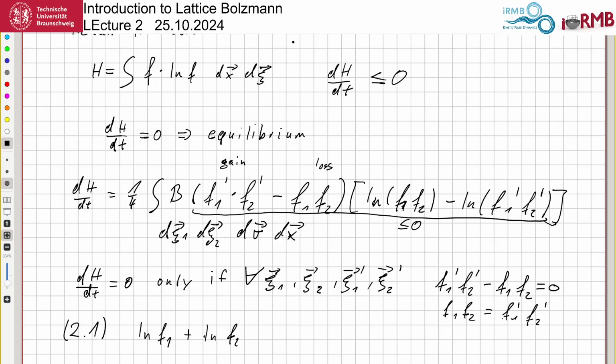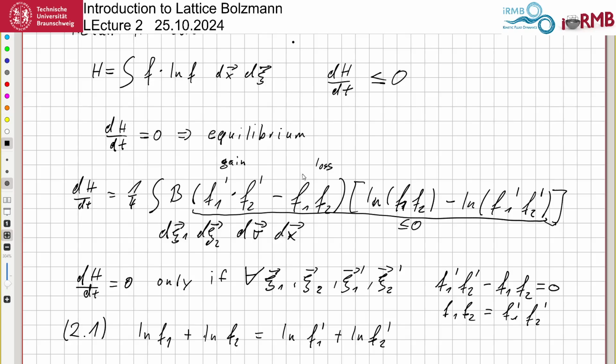So we put this on the other side, and then we take the logarithms of both sides, and because we have a product, we have the sum of these logarithms on both sides. So this is before the collision on the left side and after the collision on the right side.